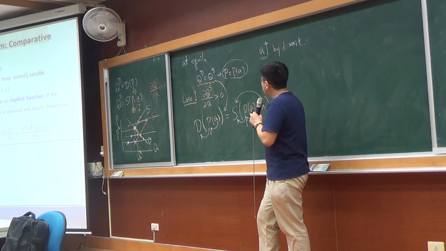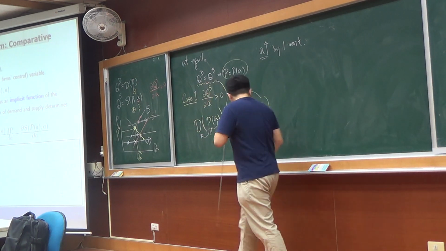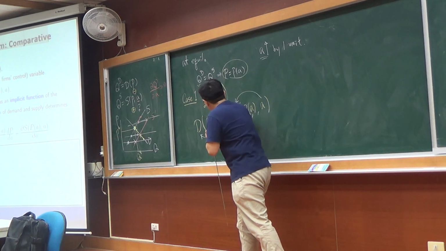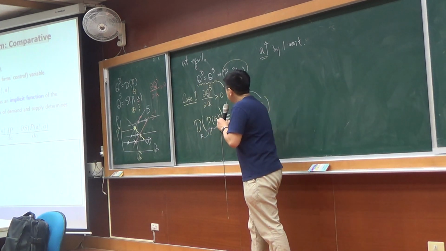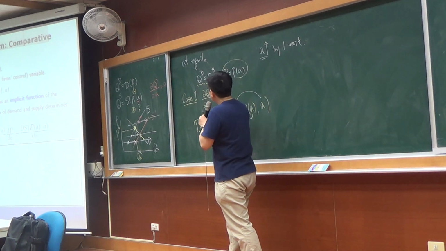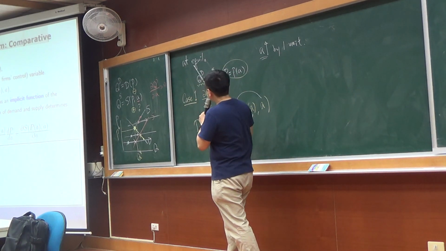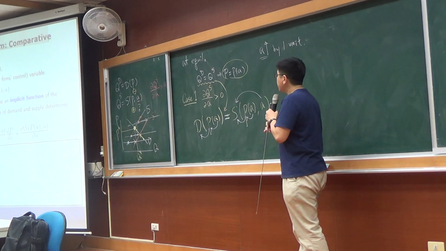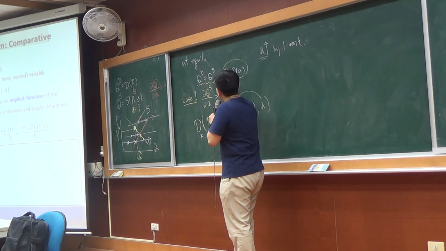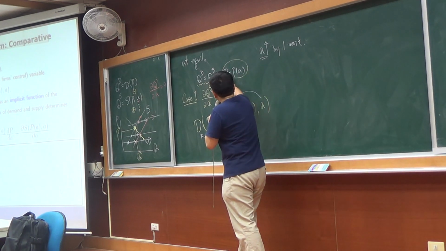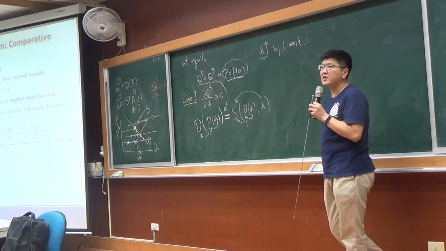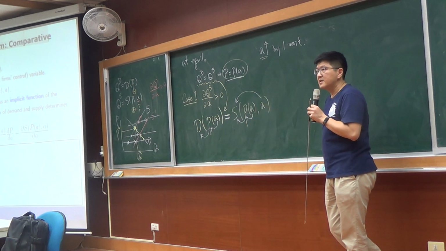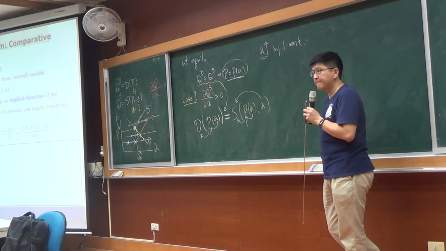Now, we may remember that this equal sign holds only at equilibrium. And also, because of the equilibrium condition, the price can be described as a function of A, only at equilibrium, okay?